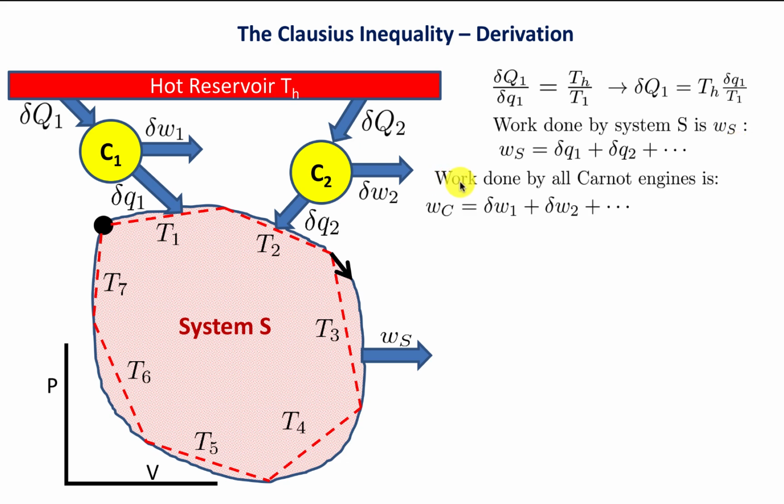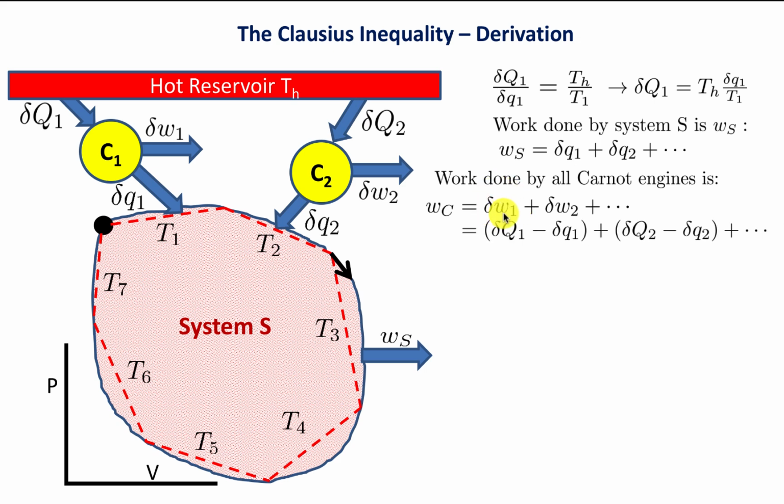Now let's look at the work which is done by all the Carnot engines. So this one does work delta W1, this does delta W2, etc. When you add them up, this is the total work done by all the Carnot engines. But now think about the following.